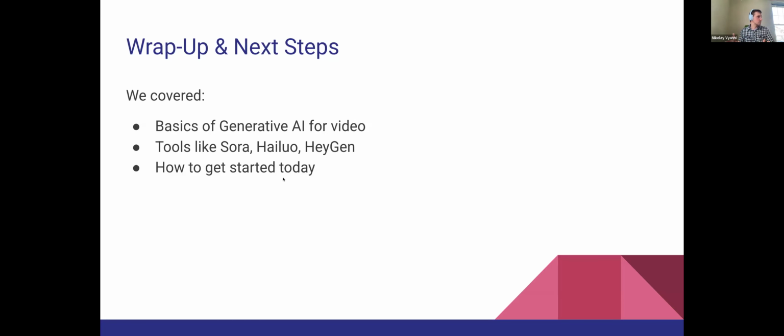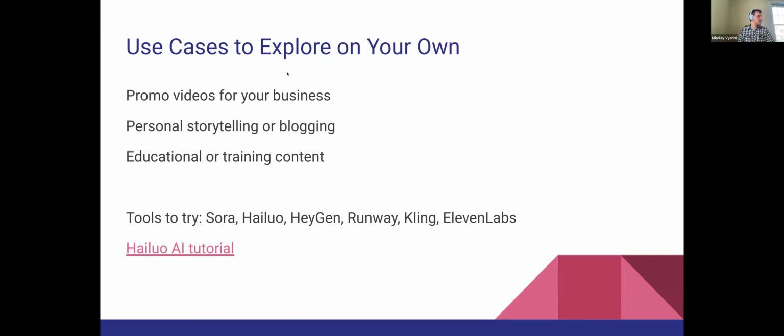And how to get started today? You can try to use these models for your use cases on your own. Just open these sites. Most of them have some free tier, or if you have a ChatGPT Plus subscription, Sora has multiple credits.